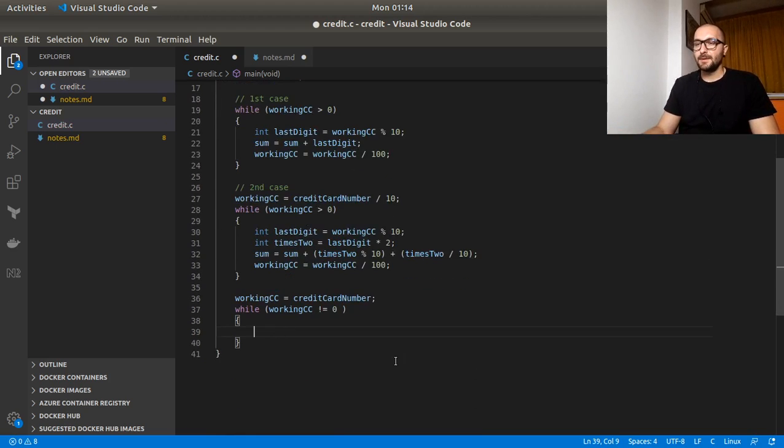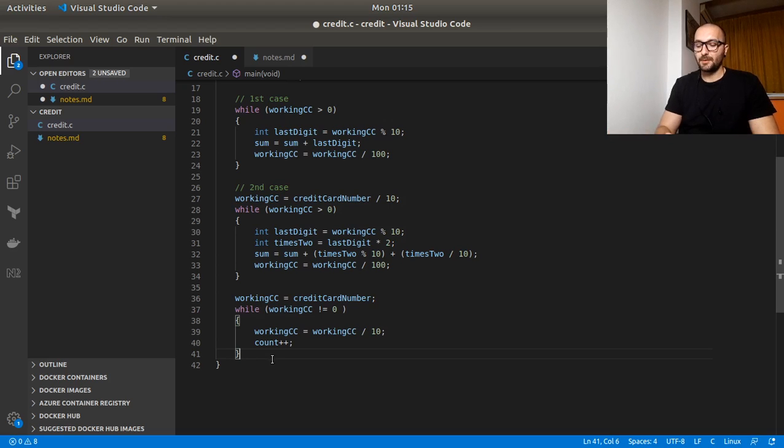So here we will get working CC equals working CC divided by 10, and our count would be incremented. Okay, so this is how we would get the count.